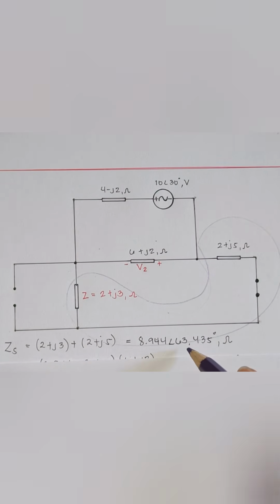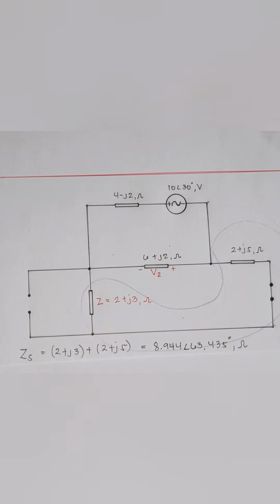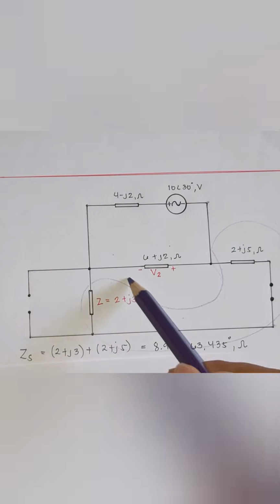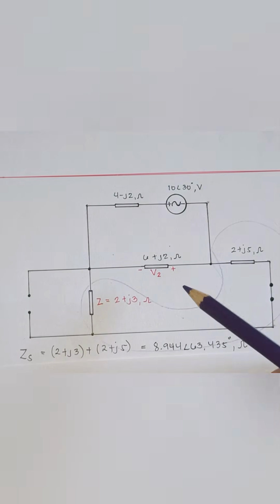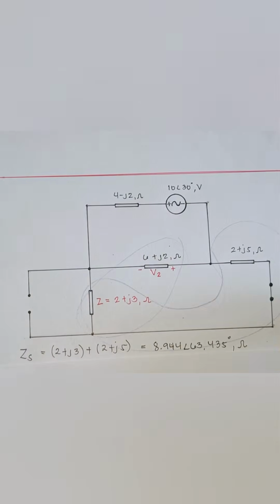2 plus J3 plus 2 plus J5 is equal to 8.944 angle of 63.435 degrees ohms. The series combination is then in parallel with 6 plus J2 ohms.